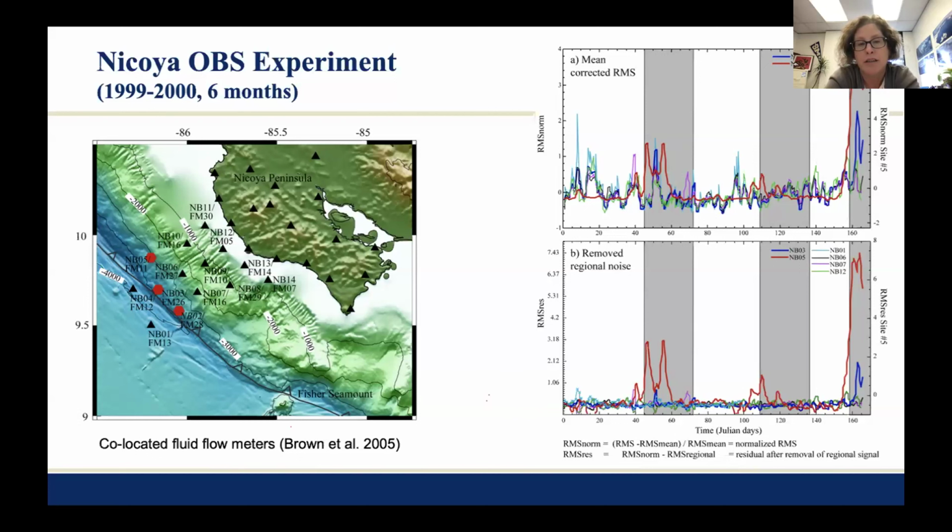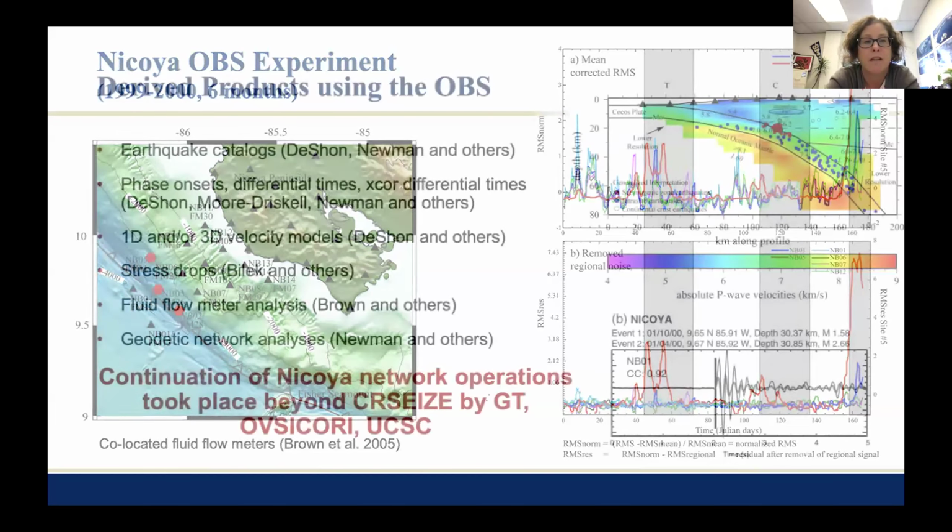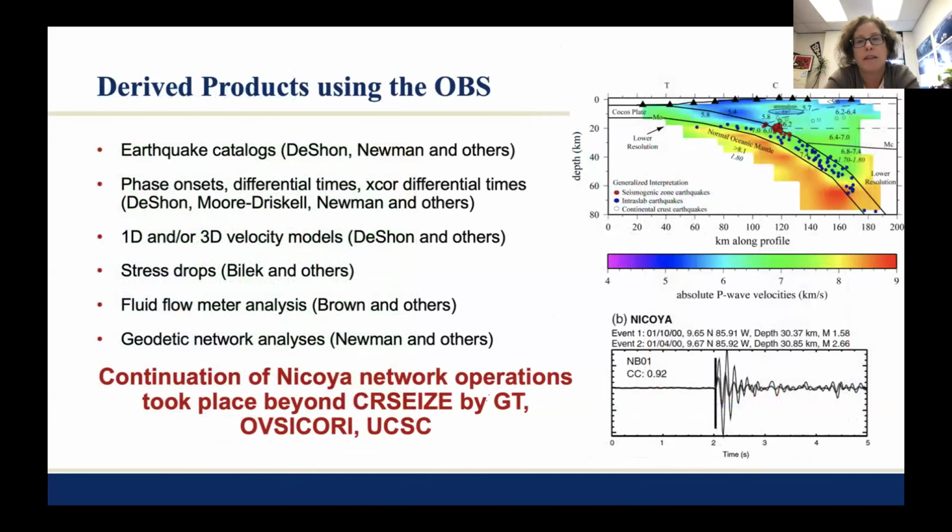in a margin that has a really rich history of geophysics data that could be integrated with it now. And you know, we pulled the cream off for the early 2000s, right? We did earthquake catalogs, myself and Andy Newman, who's now at Georgia Tech. There's phase catalogs for this data.